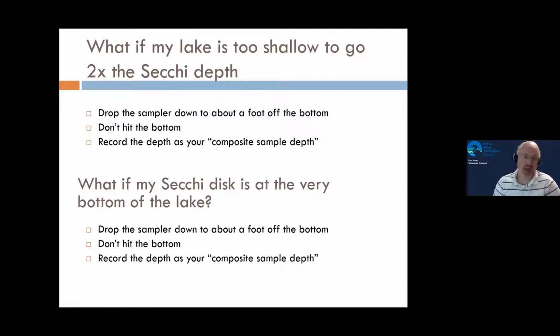So in either case, if you have a very clear lake and your Secchi disk is all the way at the bottom, that's the composite sample depth. Or you just basically want to lower that sampler as low as you can without hitting the bottom.